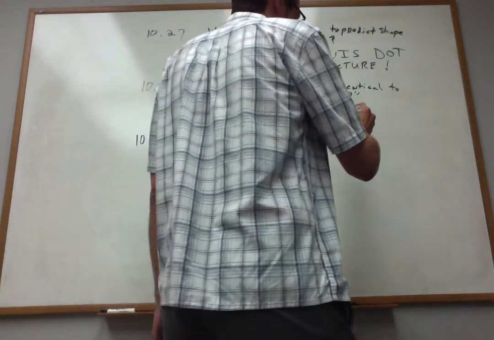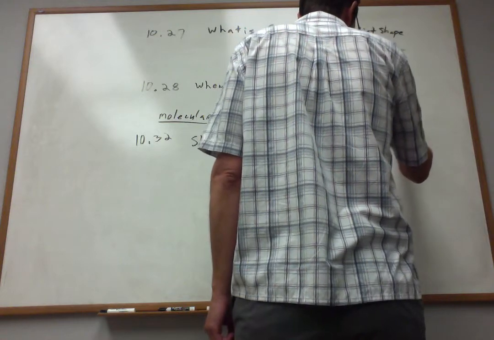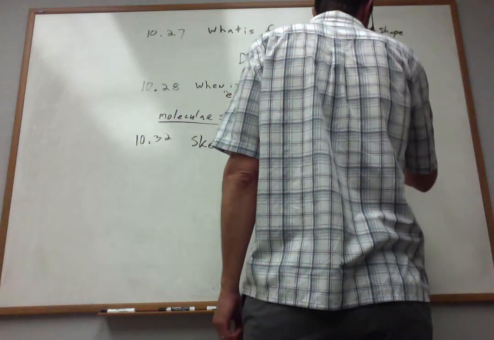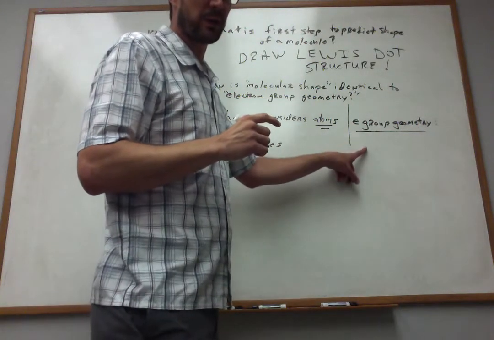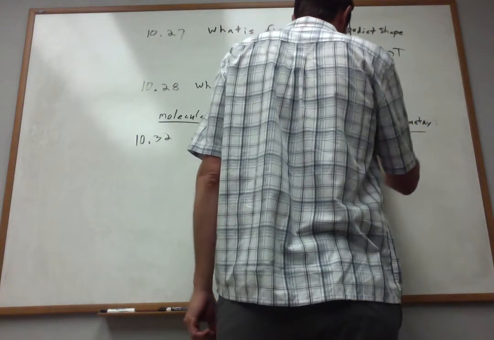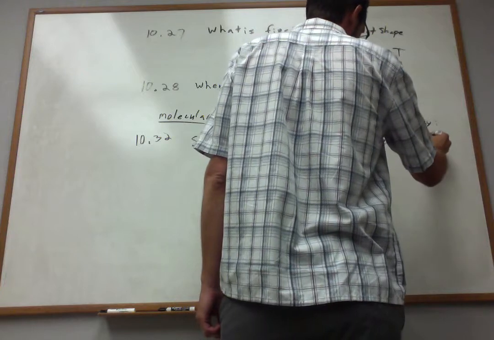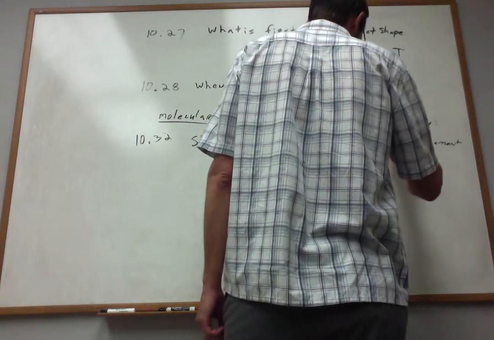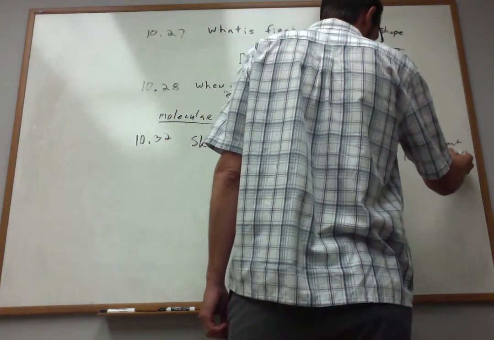The electron group geometry, or the E group geometry, shorthand. Okay, so when I say E group geometry, I'm talking about the electron group geometry. The electron group geometry describes the placement of electron pairs around the central atom.